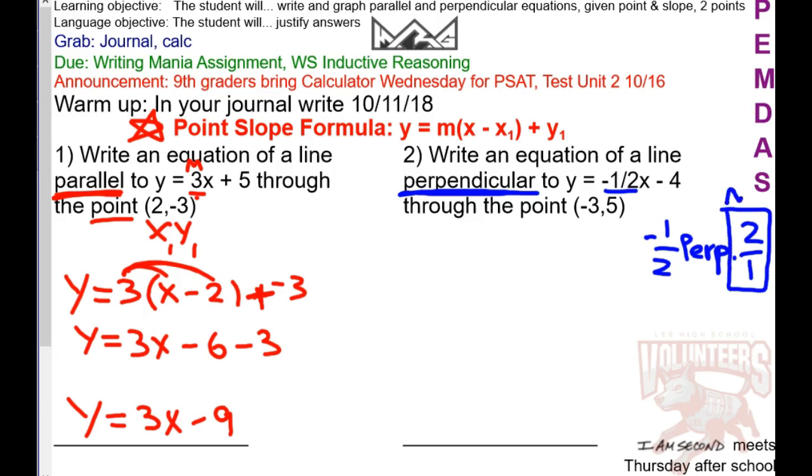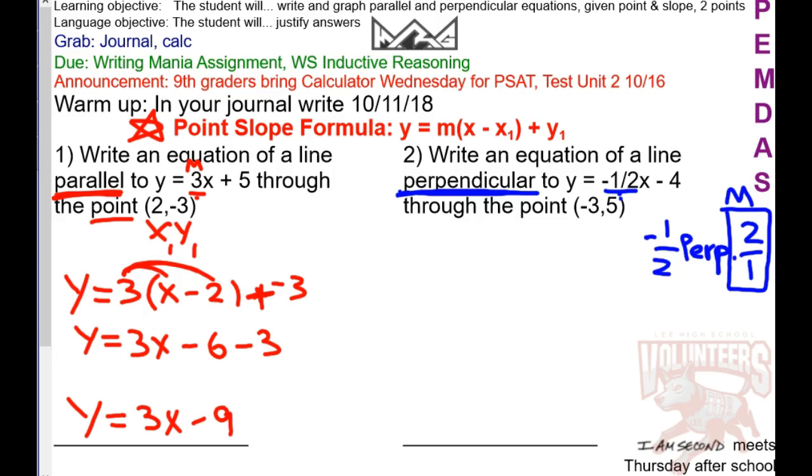This is my new M. So I want you to imagine, if you're taking the test and you're thinking, oh, I remember doing this, we just used the same slope. If you use negative 1/2, you're going to do all this work and it will all be wrong. So again, keywords are important. Perpendicular. Flip and change the sign. So negative to positive. If it was positive, it would turn negative either way.